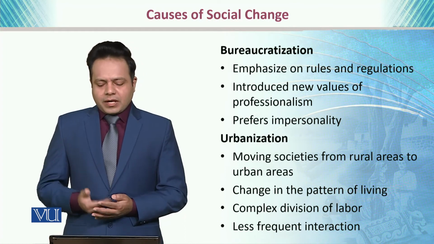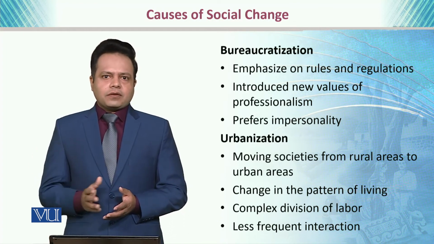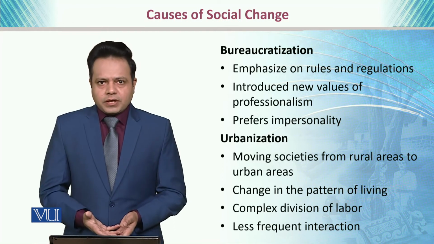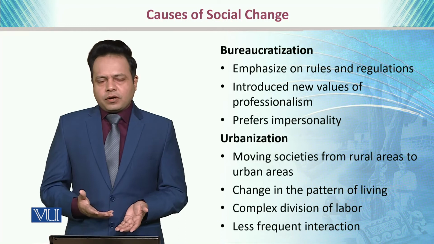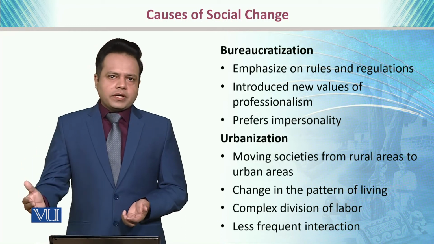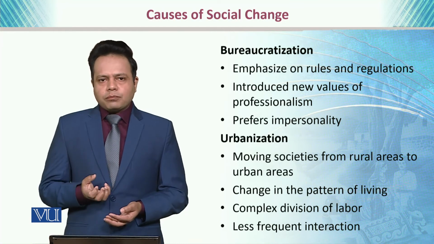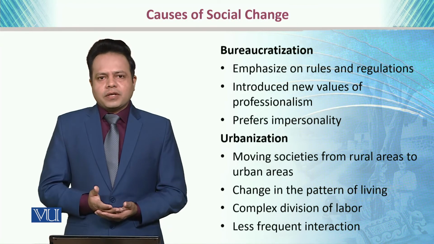So then we have urbanization. The huge influx of modernization and modern facilities in the urban areas has produced a larger tendency of migrating from rural areas to urban areas, because these amenities of life are a source of attraction for the people living in the rural areas.